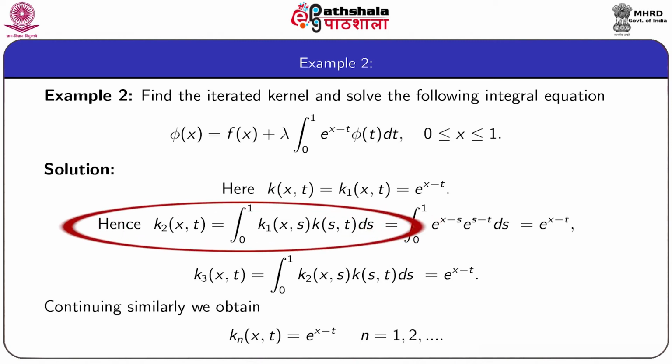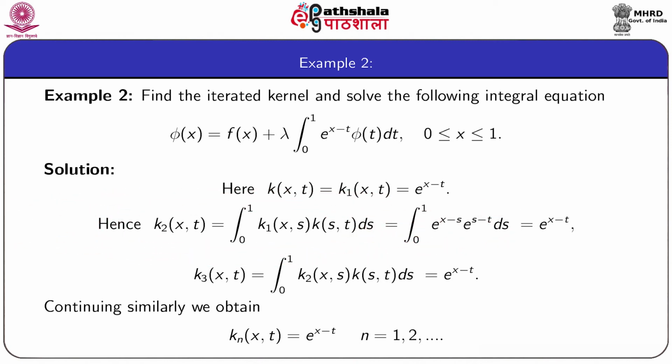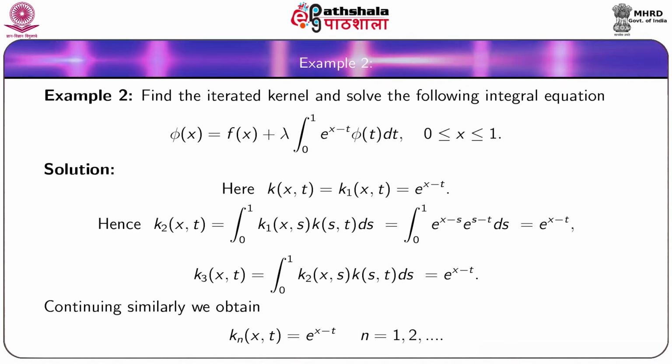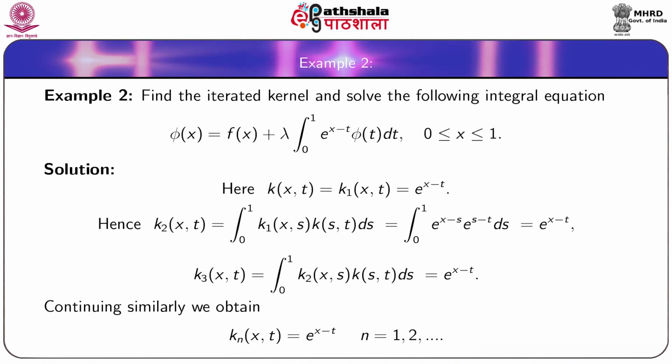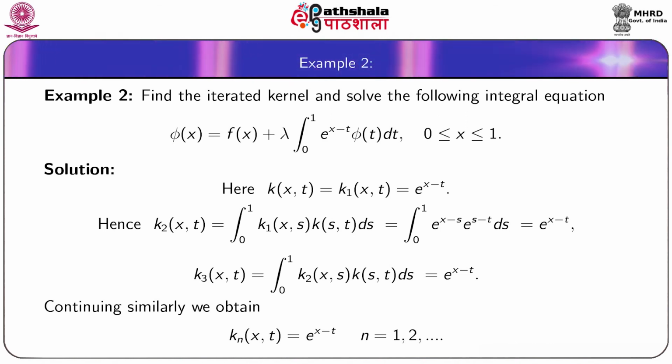The next iterated kernel K2(x, t) is given by integral 0 to 1 K1(x, s) K(s, t) ds, that is equal to integral 0 to 1 e to the power (x minus s) into e to the power (s minus t) ds, which gives e to the power (x minus t).